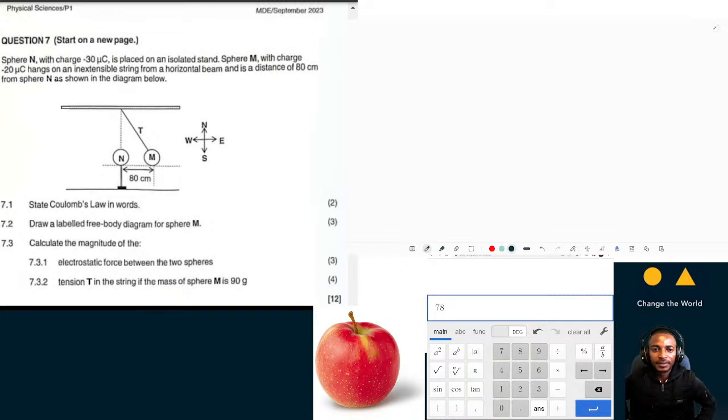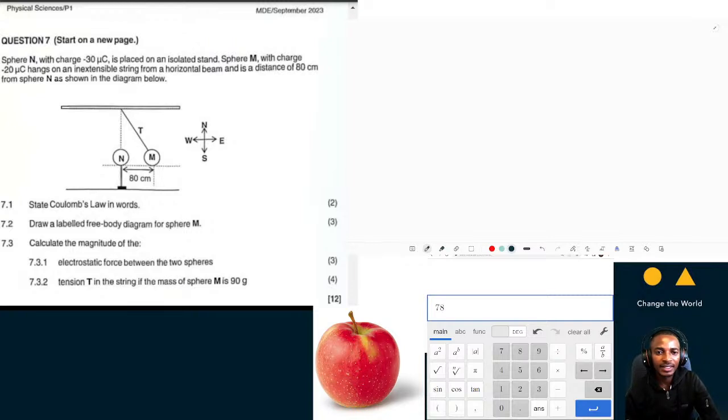All right. So let's tackle electrostatics. In this scenario, we have a sphere N with the charge of minus 30 microcoulombs, which is placed on an insulated stand. Then another sphere M with the charge of minus 20 microcoulombs.